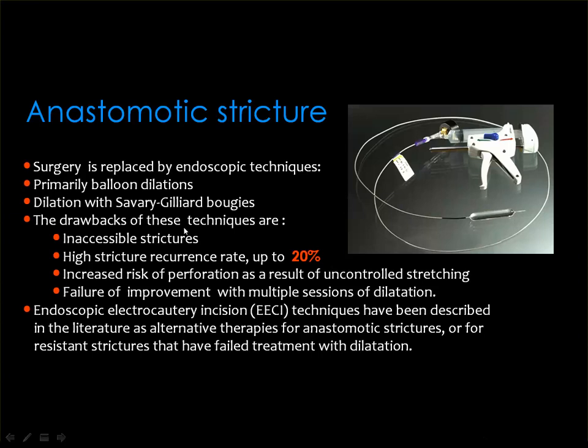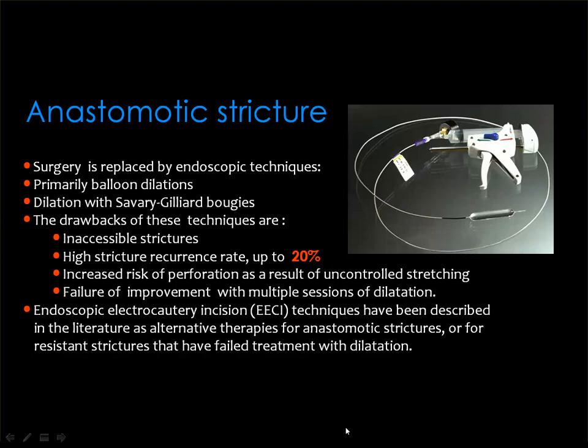There are some drawbacks to these techniques, including inaccessible strictures, a high stricture recurrence rate in up to 20% of cases, increased risk of perforation, and failure of improvement with multiple sessions of dilatation.